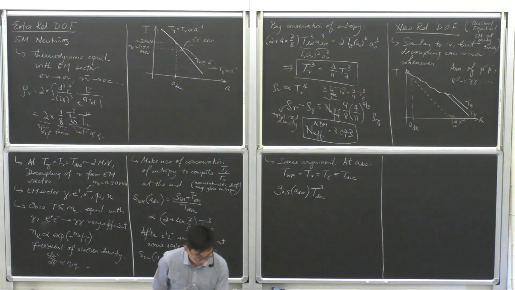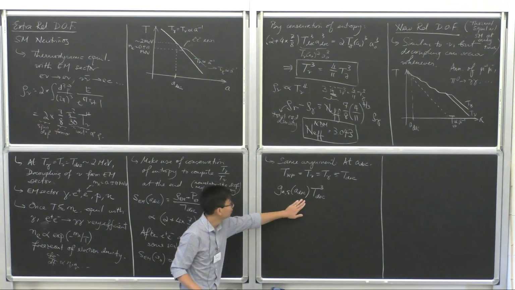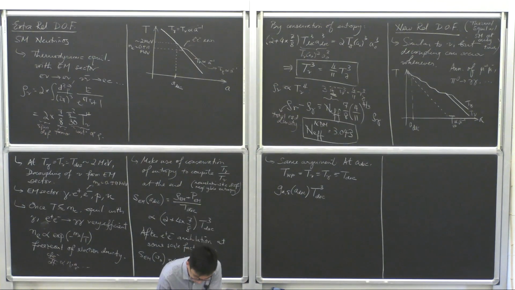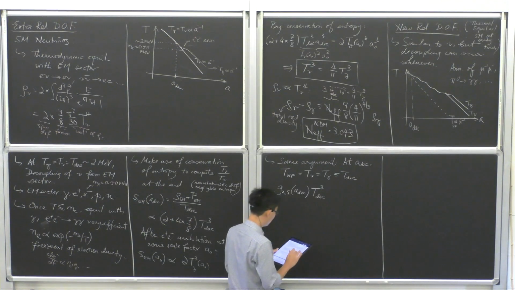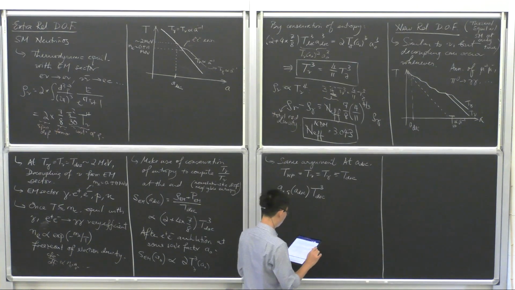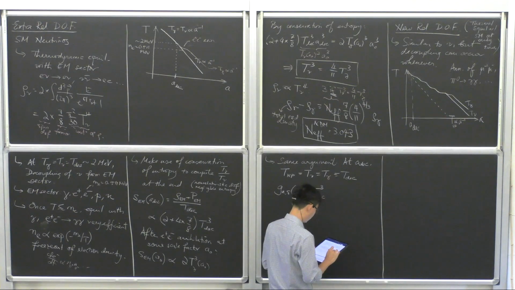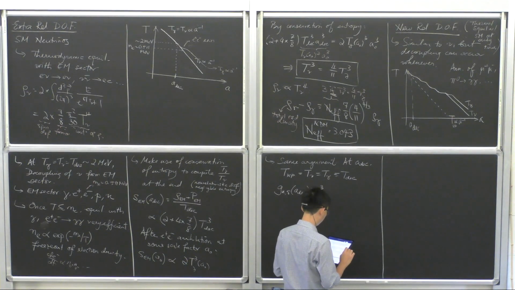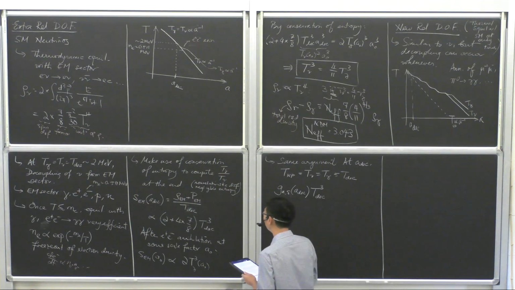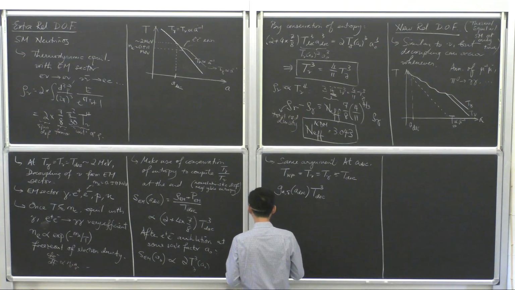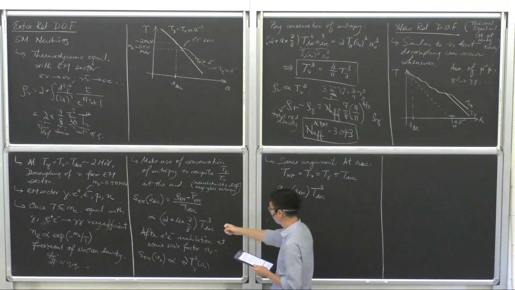Okay? This quantity here, which is the entropy density, should scale as, let's see, yeah, it's exactly the same as before. And so this quantity here is this thing, right?